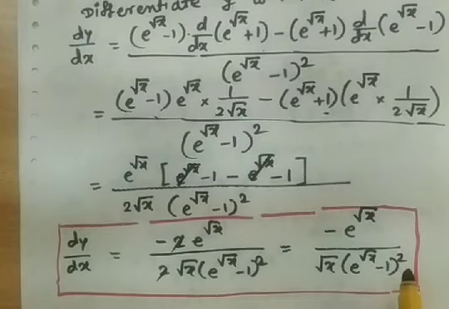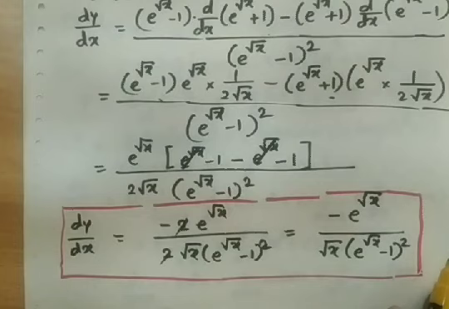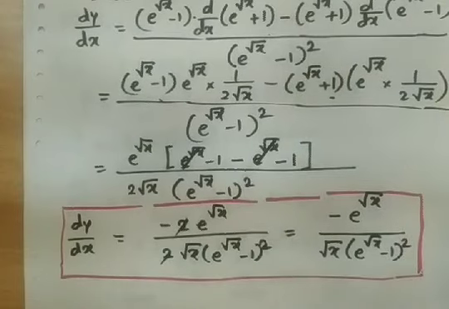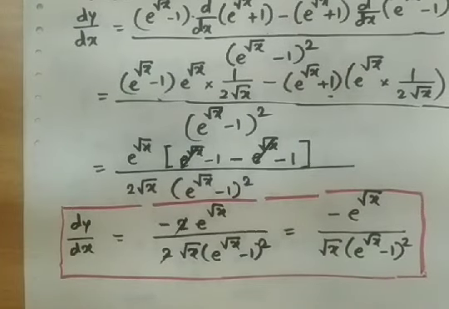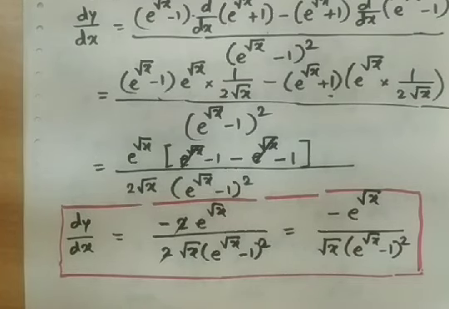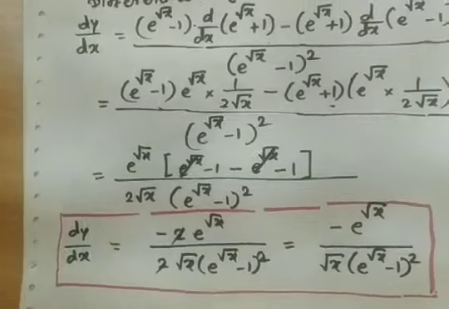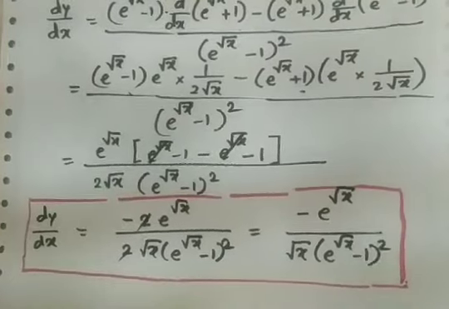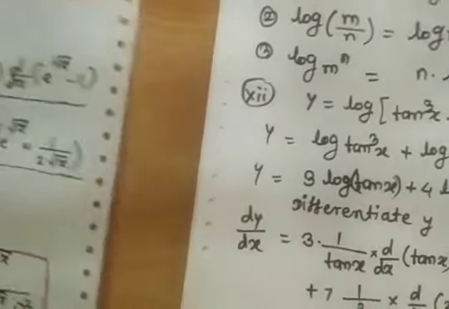This is the final answer of example number 11. Okay, it is similar to the 10th example. You also practice it, students, and learn the standard formulas of the derivatives of the given functions, and the composite functions also.